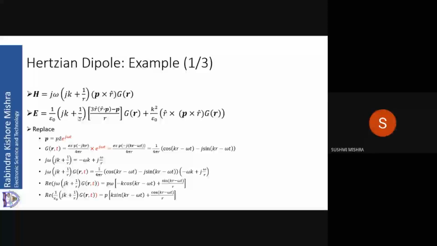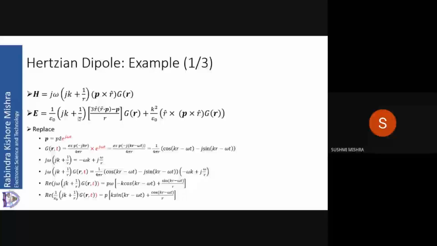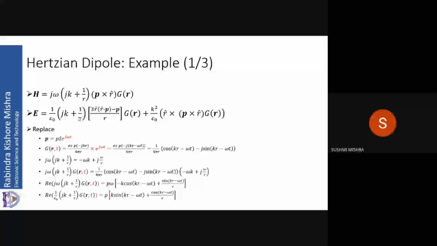This p comes from the fact that for H and E, we are using p, right? And p is multiplied with G. E and G are multiplied in both H and E. So if I take p common and multiply that with G, then my G will be G(r,t), and p I can take common as p into G(r,t).